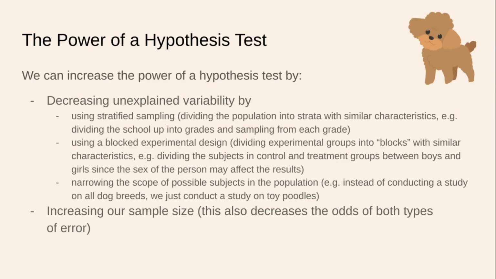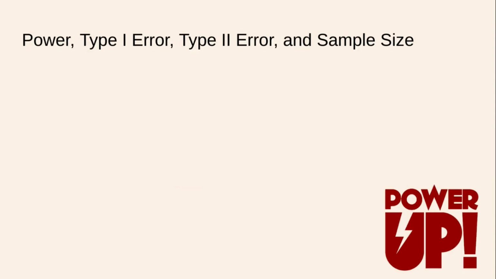Individuals are wildly chaotic, but groups are predictable. So you increase the sample size, increase the size of the group. As long as you're sampling well, you will decrease the odds of both types of error and increase power. That is the best. So let's put everything together.